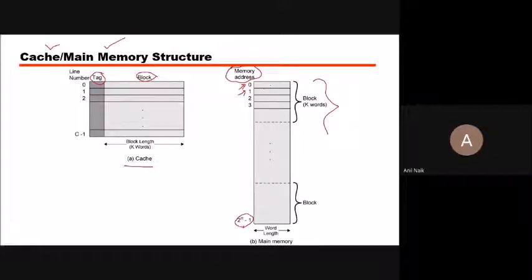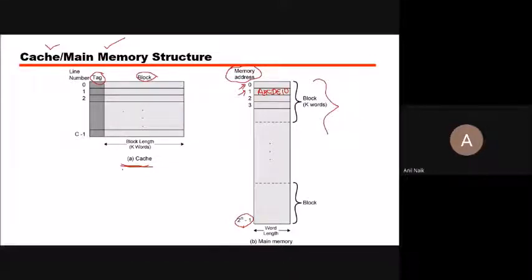Each memory address stores some data, some hexadecimal data. So the cache memory means the tag field and block. Okay, the structure of the cache memory.